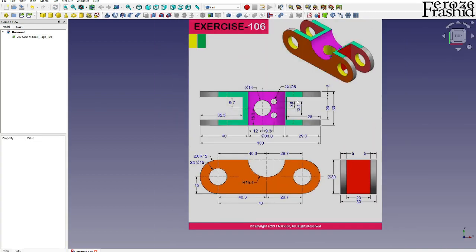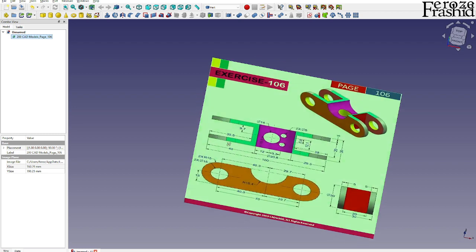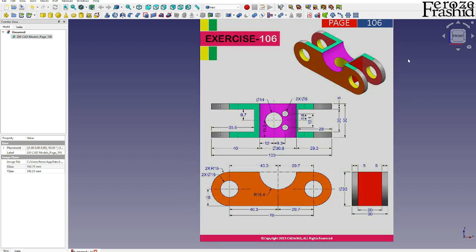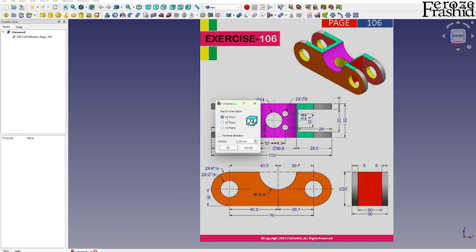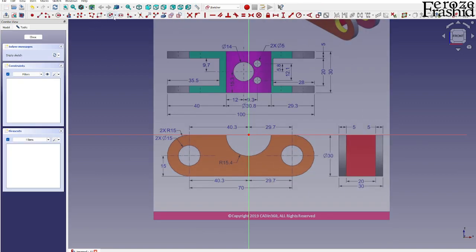Now we can start our sketching on the front side. So let's place it on the XZ plane and start there. I want to build the whole thing because, as I said, it is not symmetric across the Z axis.